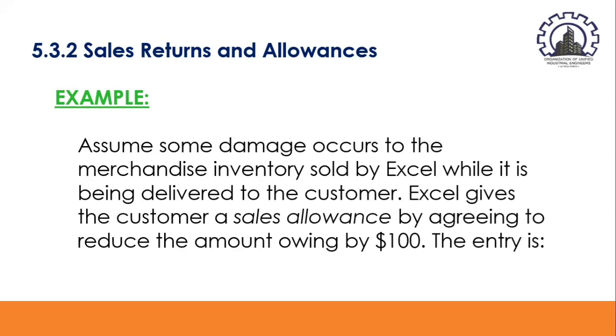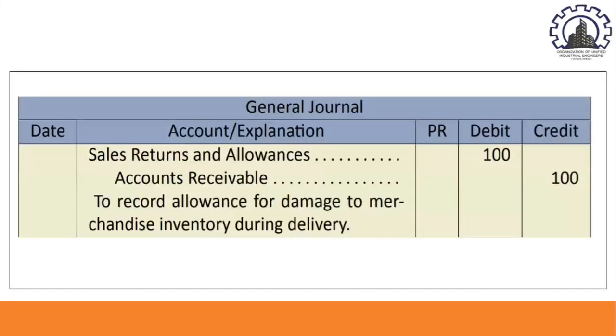Now, your journal entry would look like this. So you will be debiting sales returns and allowances amounting to $100, since this is the amount given by the merchandiser to the customer. And you will be crediting accounts receivable amounting to $100, to record allowance for damage to merchandise inventory during delivery.